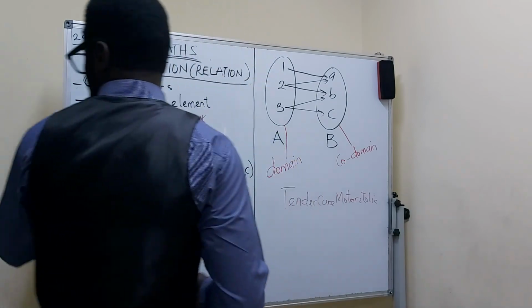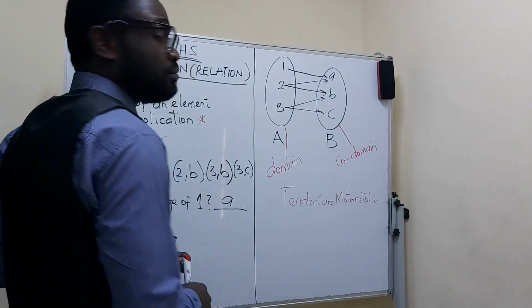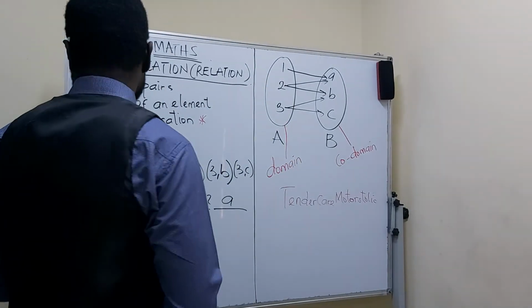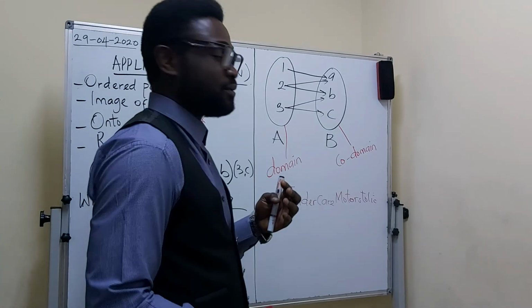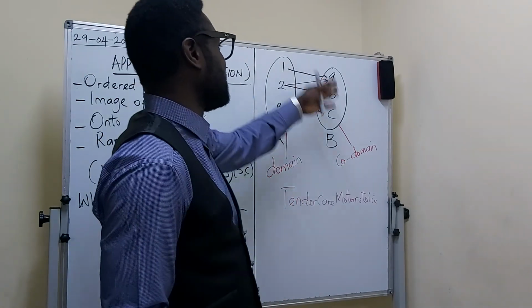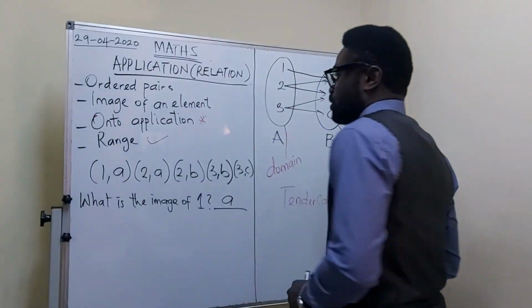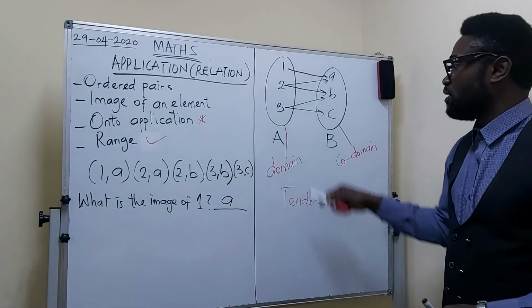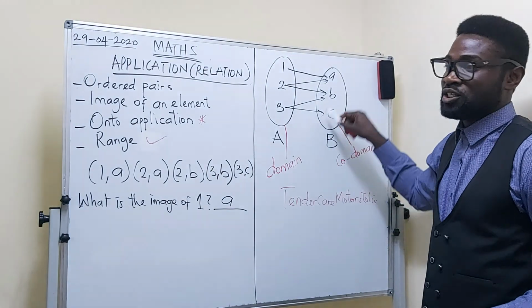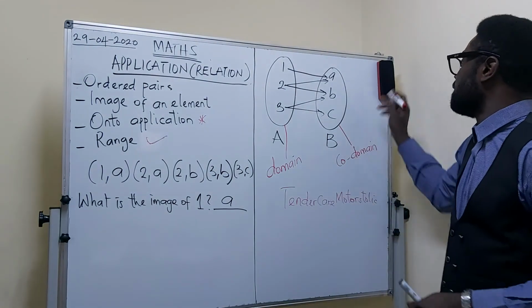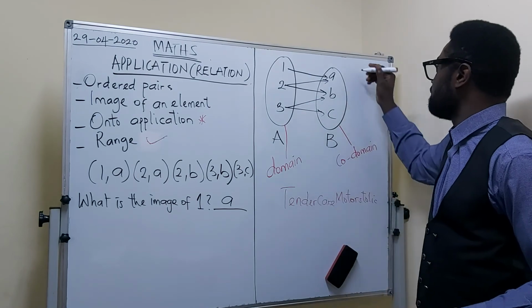So I said we were on range before I tried to check on you guys. So range of an application is every element in the codomain that is arrowed. For example, in this application we have on the board or figure, the range will be what?